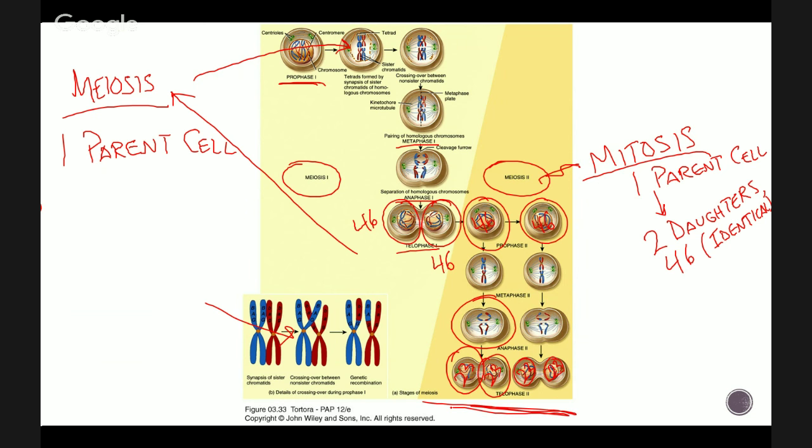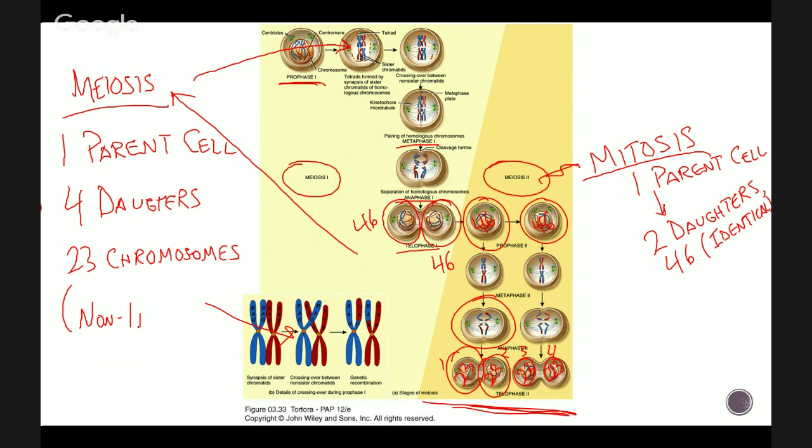How many daughter cells? 1, 2, 4. So we have 4 daughter cells. How many chromosomes each? 23. Non-identical, right?